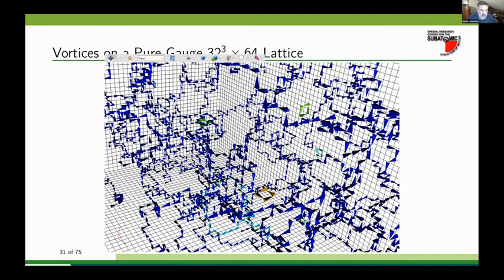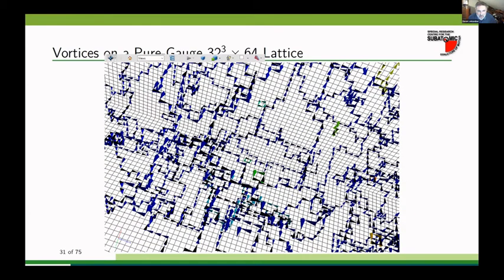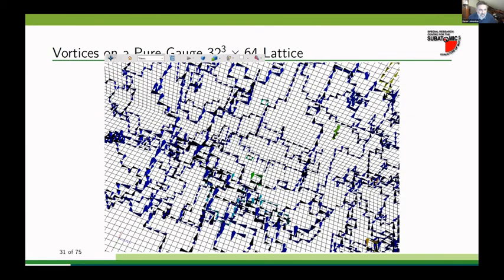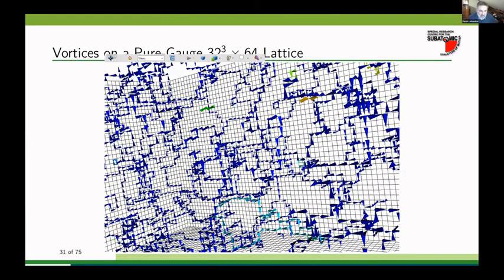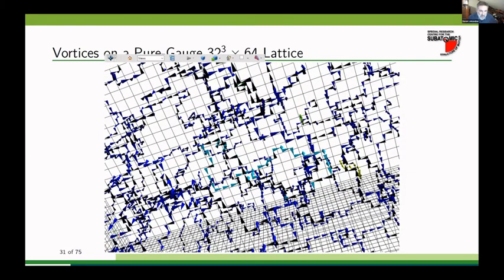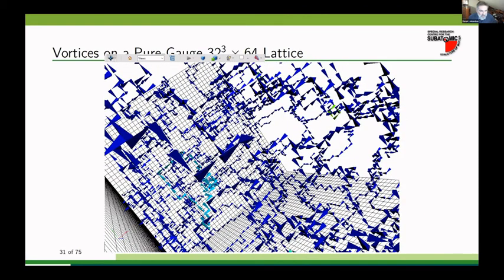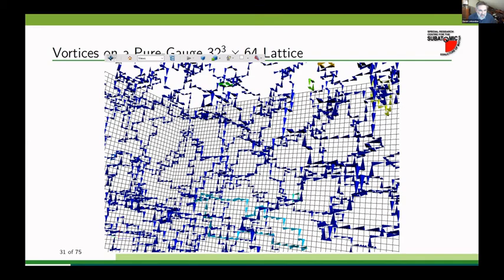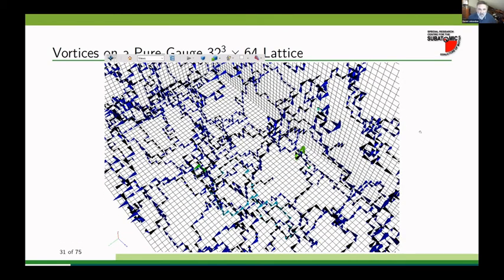And then there are occasionally some smaller loops, like there's one there, and there's one over here that isn't connected to the percolating cluster, and it's kind of fun to look at those as well. In fact, there's a big loop here that's not connected to the percolating cluster. So we'll have a look at those in a minute, but those are the qualitative features of pure gauge theory, looking very similar to the lattice I showed you.